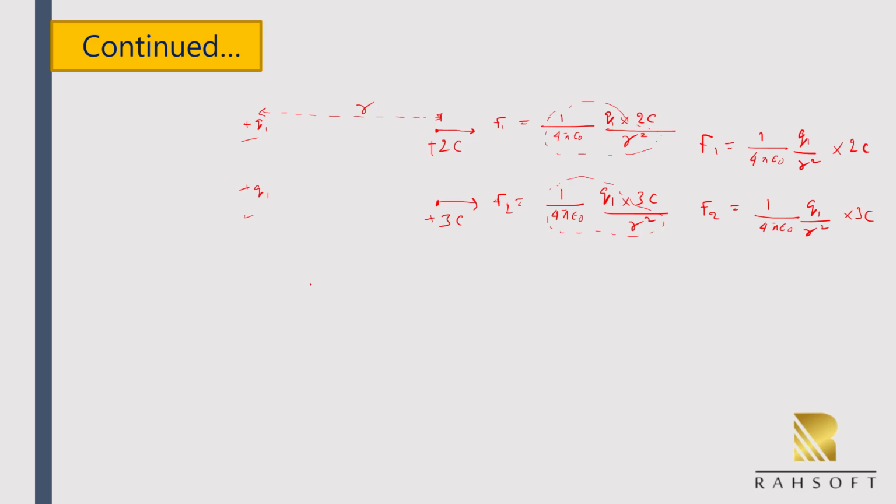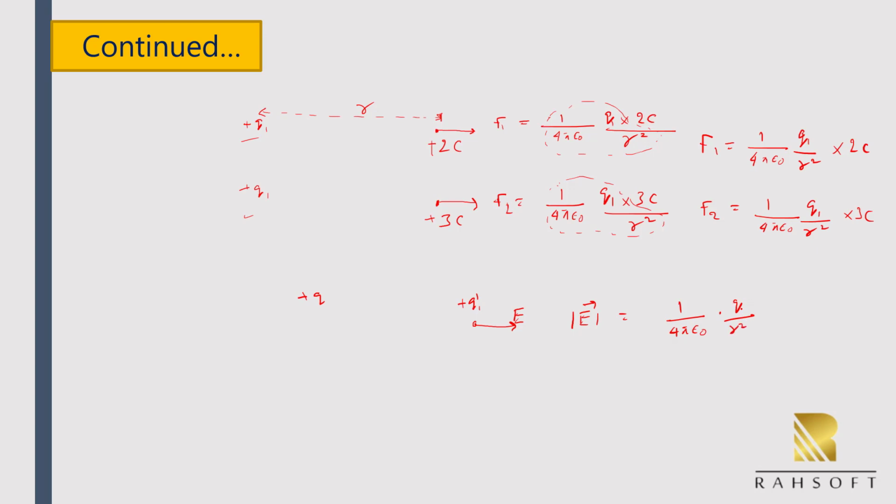If I take a source charge plus q, and another point charge which I bring close to this source charge, which is q dash, it will feel the electric field E, and the magnitude of this electric field is equal to 1 over 4 pi epsilon naught into q by r square.